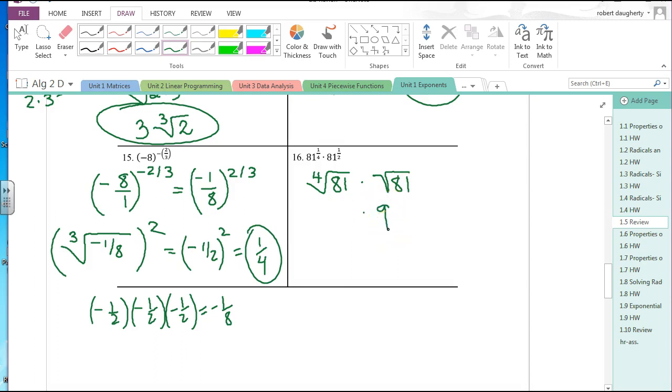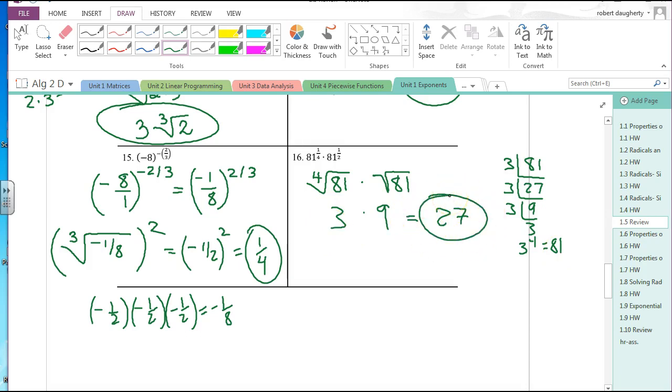Fourth root of 81. What number can be multiplied by itself 4 times and give me an 81? Well, if I divide it by 3, I get 27. 3 to the fourth is 81. Fourth root of 81 is 3. Multiply 9 and 3 and you get 27.